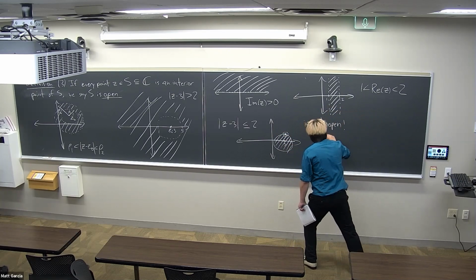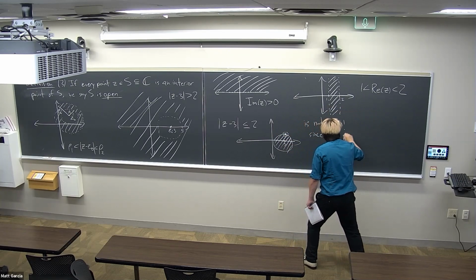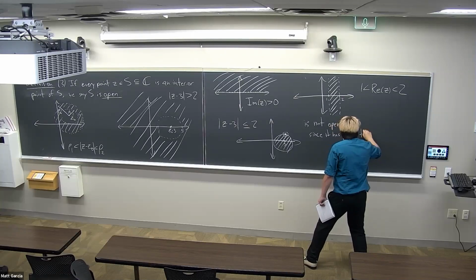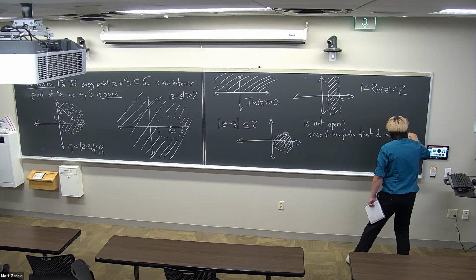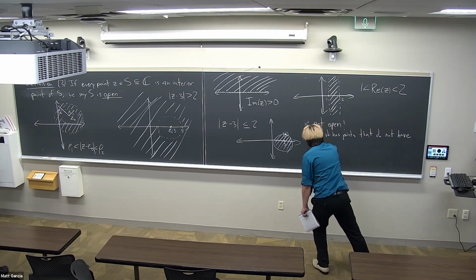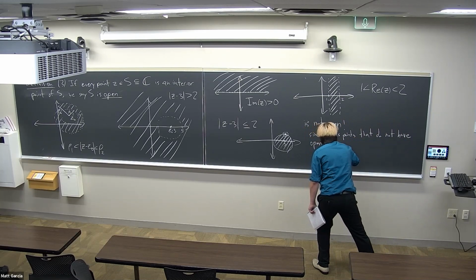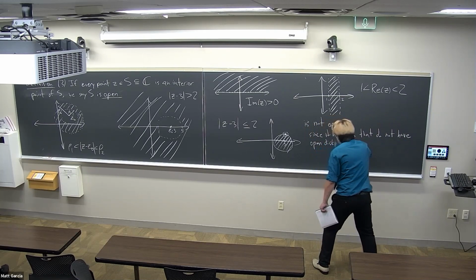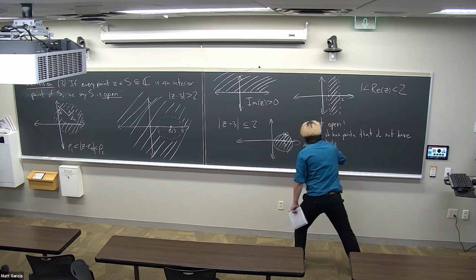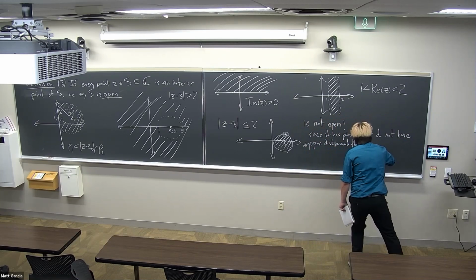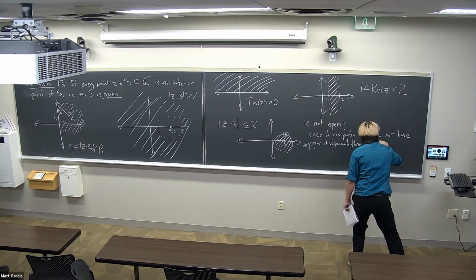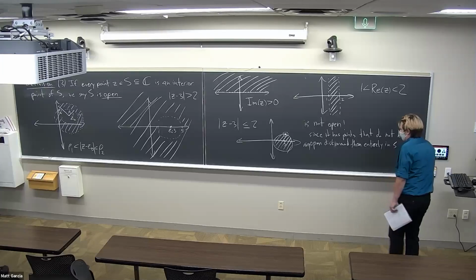Since it has points that do not have any open disk around them entirely in S. Couldn't you say it has points that are not interior?